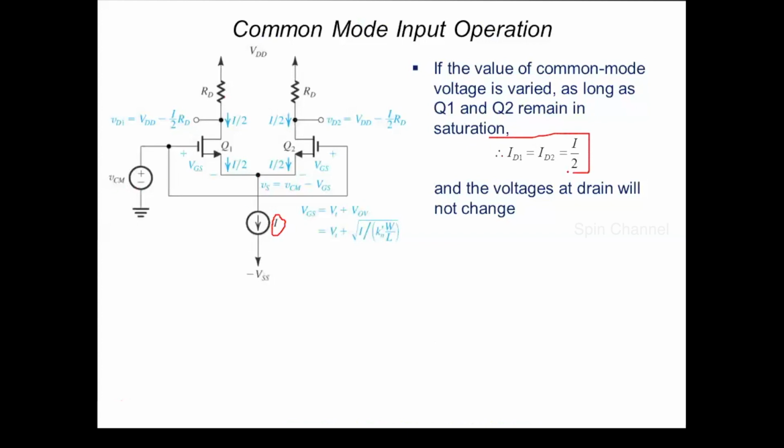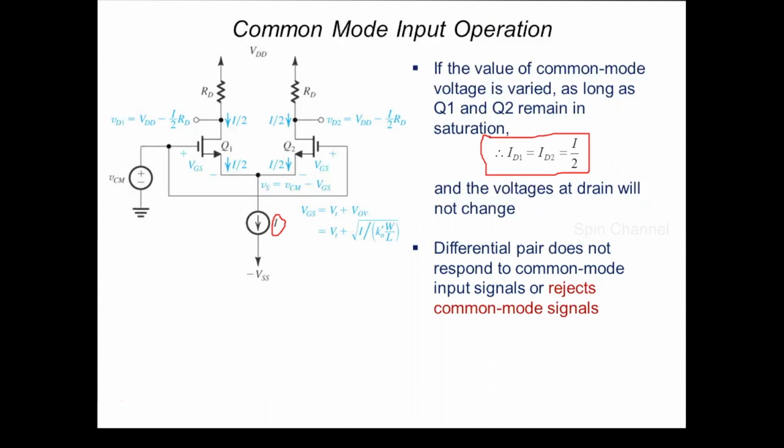So ID1 equals ID2, which is I by 2. If the current is the same, then the voltage at the drain also will not change. So the differential pair does not respond to common mode input signals, or in other words, it rejects common mode signals. This is a feature which helps the differential amplifier in rejecting noise signals.